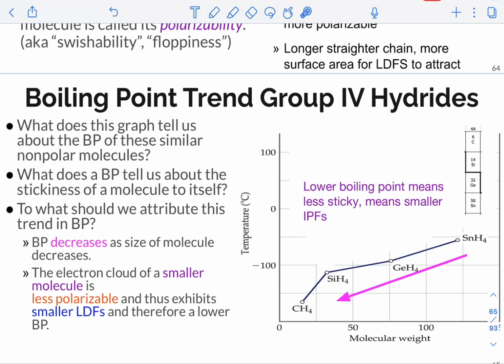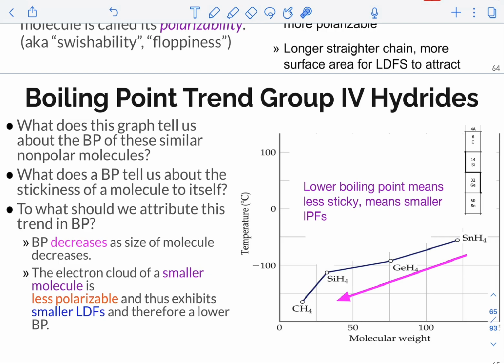It's less polarizable if it's smaller. So the bigger the molecule, the more LDF you're going to have, the higher the boiling point will be. The smaller the molecule, the lower LDF you have, so the lower the boiling point will be.